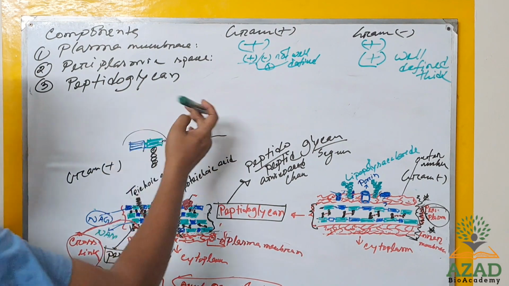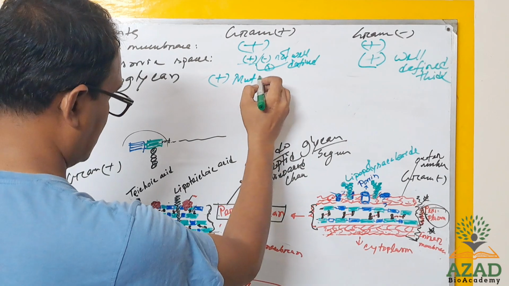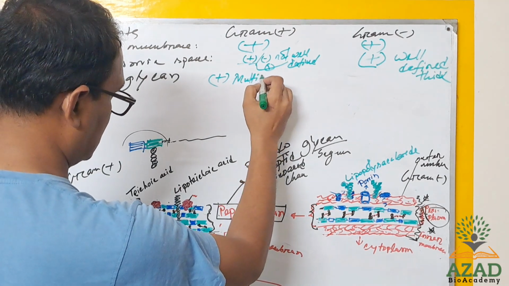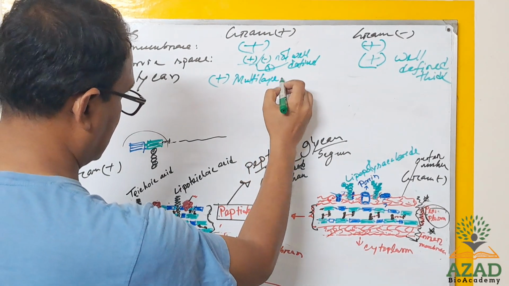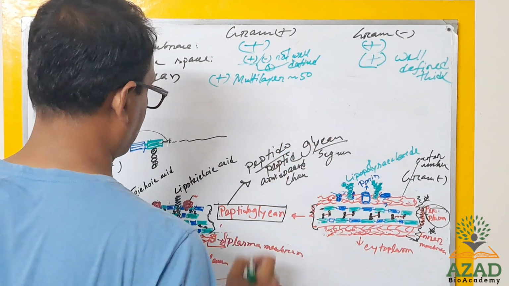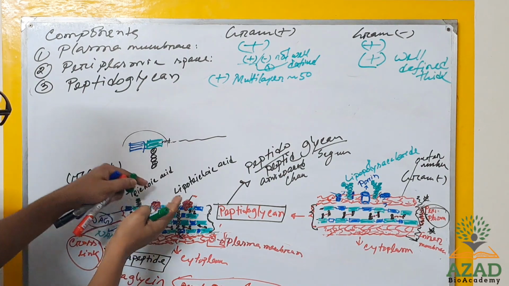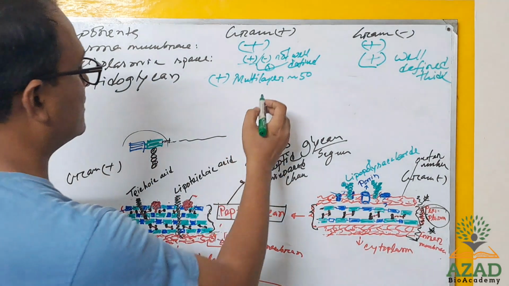Of course, in gram-positive bacteria it is present and multi-layered, up to 50 layers. So single layer, double layer, triple layer, multiple layers.